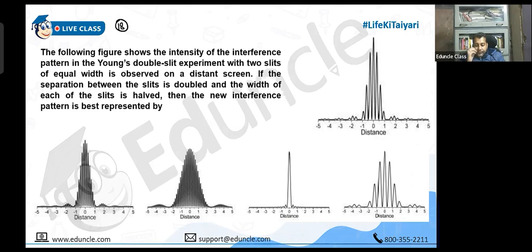We have already discussed this one. When you are reducing the slit width, the width of the diffraction maxima will increase. So this is the width. Right now it is from -1 to 1, so it should increase.